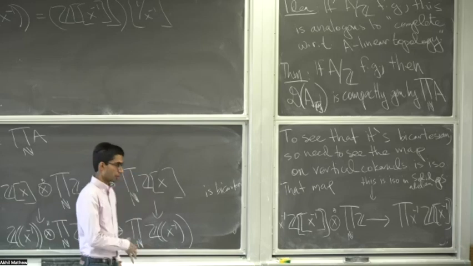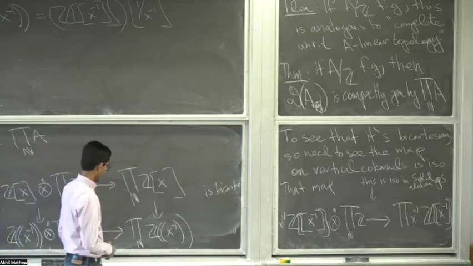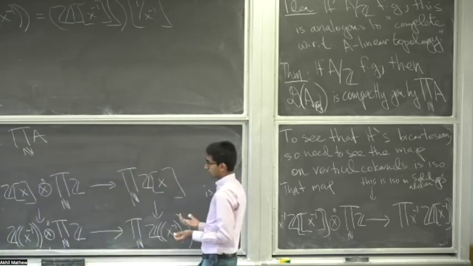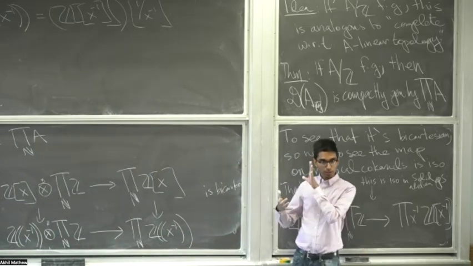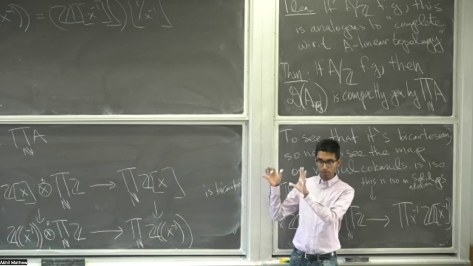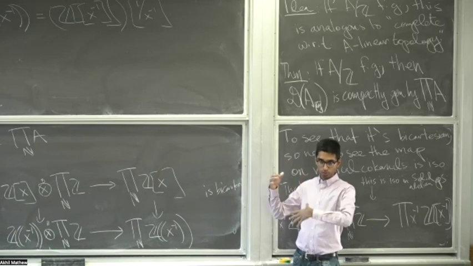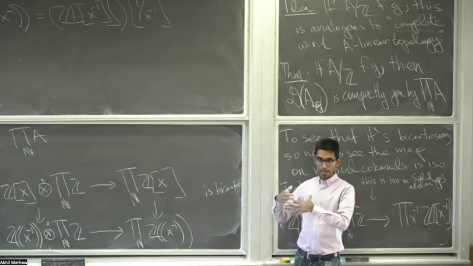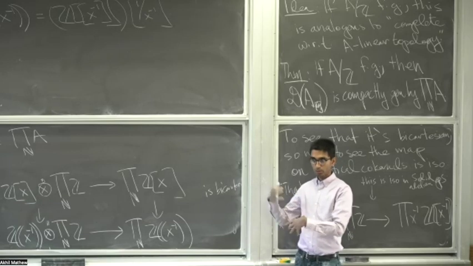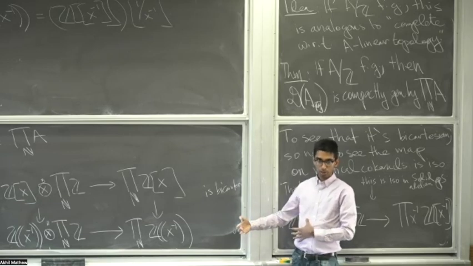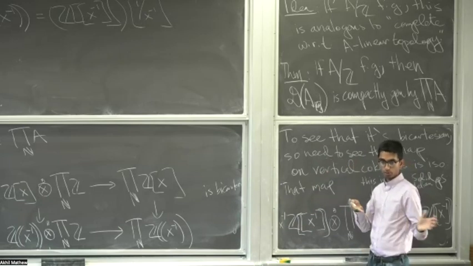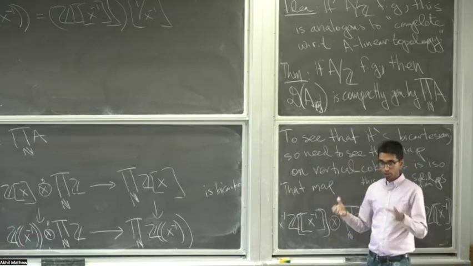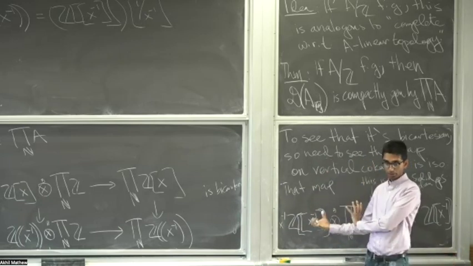So maybe just to say very quickly, the idea is that if you want to show that the cohomology of something on P1 is finite dimensional, you use these two coverings. One is the covering of P1 by two copies of the affine line, thinking about Z brackets X modules and Z brackets X inverse modules. But the other is to use an analytic covering of P1, where you work with solid Z brackets X modules.